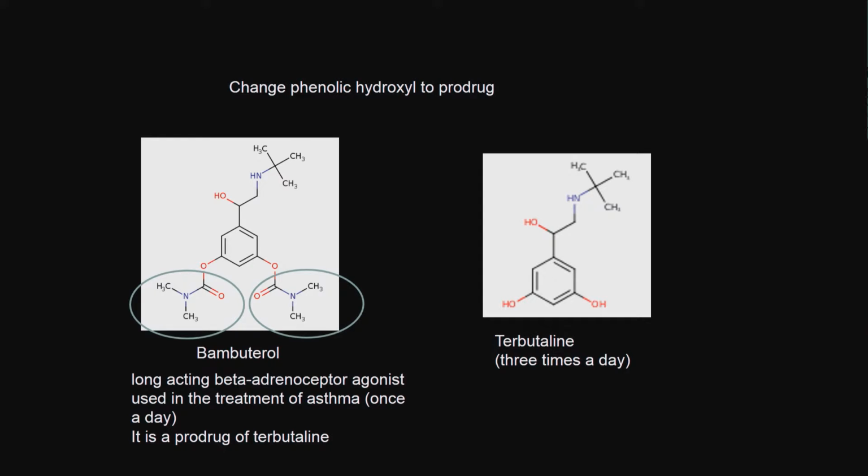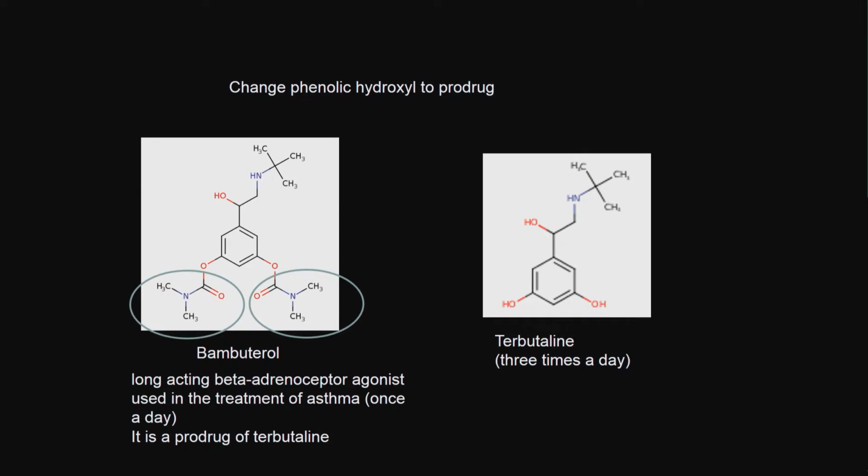A prodrug is taken in orally, it is not a drug itself, it may contain another component which gets cleaved in the plasma region because of the action of some esterase or lipase, and one part will be the real drug which will start acting. For example, if you look at this particular drug, terbutaline, it is given 3 times a day because it has very poor stability.